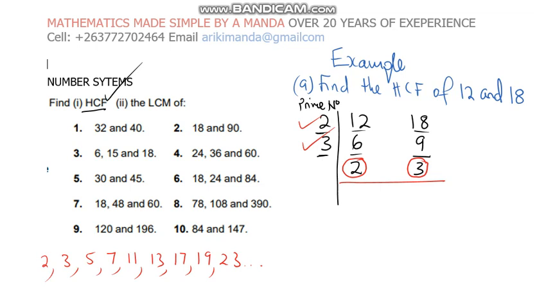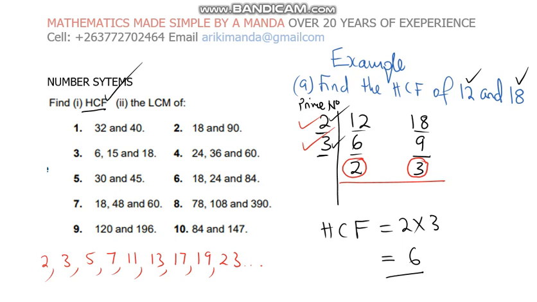So we can simply say HCF of these two numbers, 12 and 18, is equal to 2, which is this here, multiplied by 3, which is this here. And the answer that we get is our HCF, which is what? A 6.